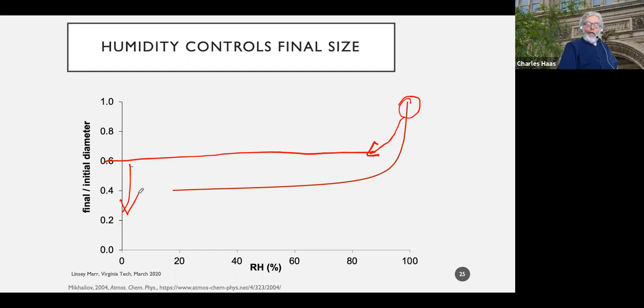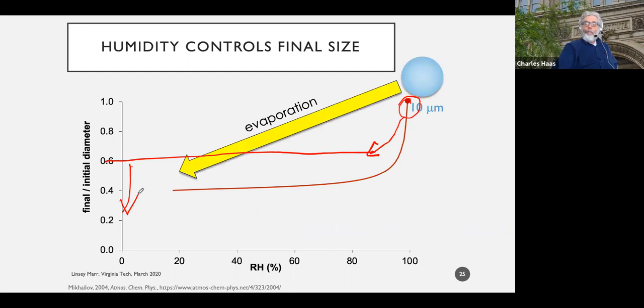And so we have a dynamic problem of decreasing size that we have to factor in with our transport relationship. And that occurs because of evaporation. So a 10 micron particle, even if it's large, may evaporate down to a 4 micron particle in the matter of tens of minutes.